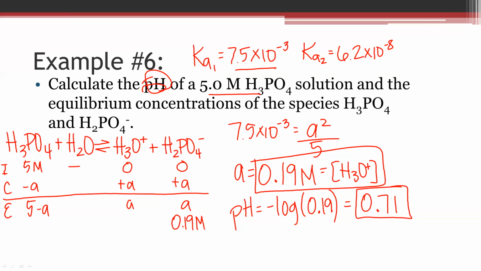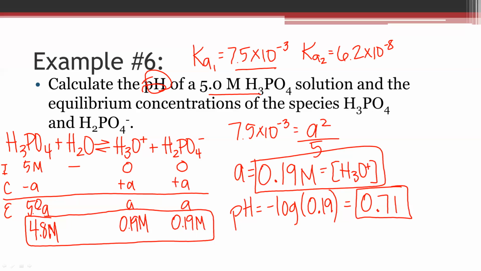And then if I subtract, I technically had 5.0 minus the 0.19, so I need to keep one decimal place here, which would be 4.8 molar. So this is the other part of the problem that it wanted you to have. Don't get too confused, it's not too bad.